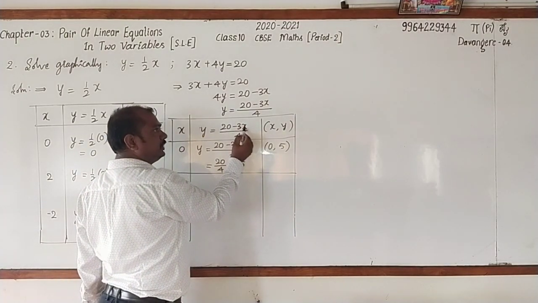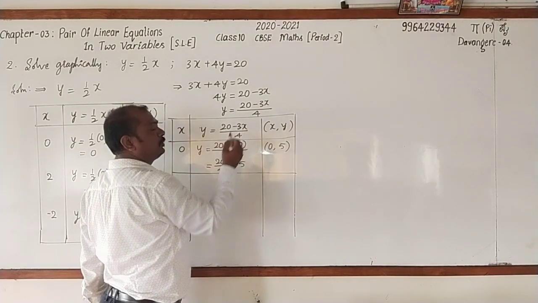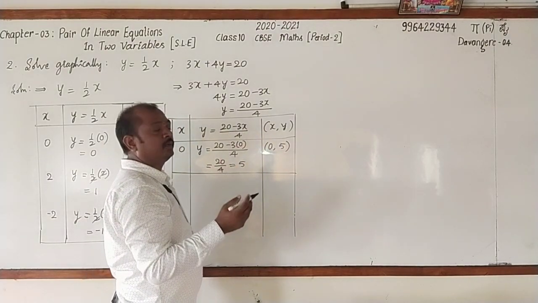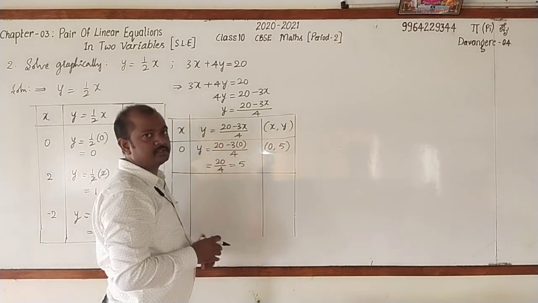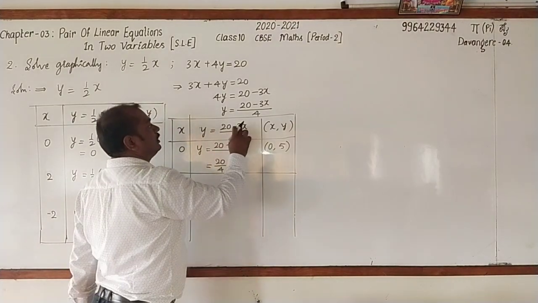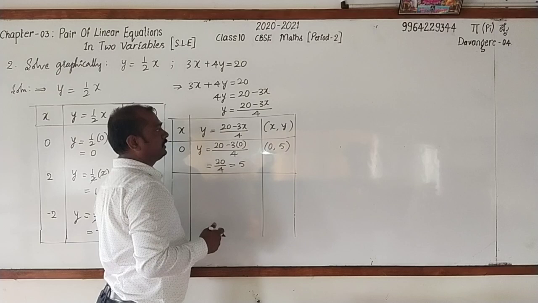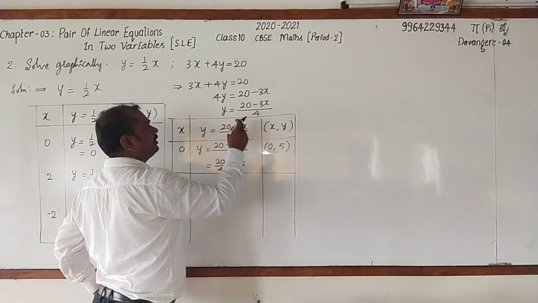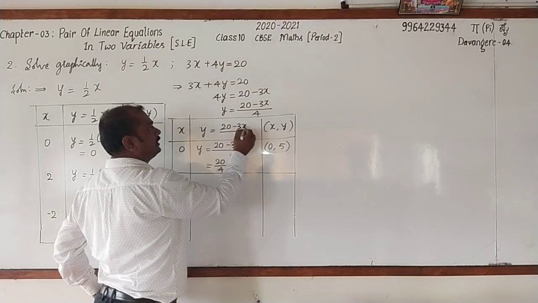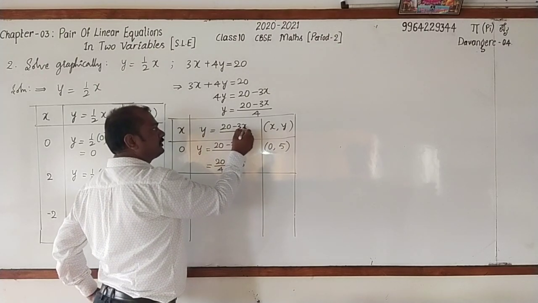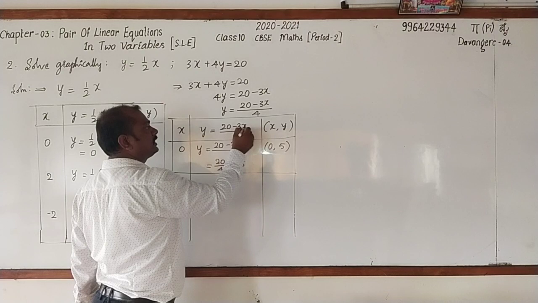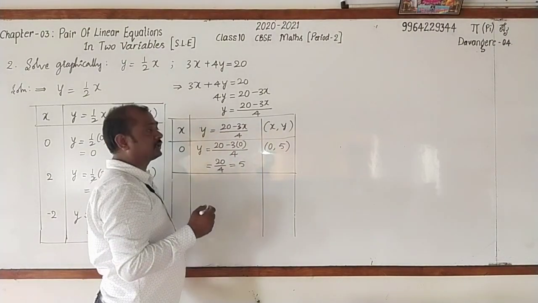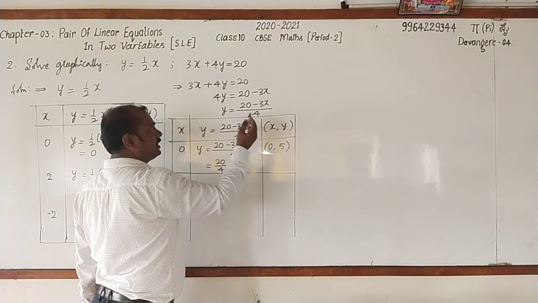If you take 2 here, 3 twos are 6. 20 minus 6 is 14, which is not divisible by 4. Then you cannot take minus 2 also. Then you can go for taking 3. When you take 3 in place of x, 3 threes are 9, 11 won't come. Minus 3 also won't come.